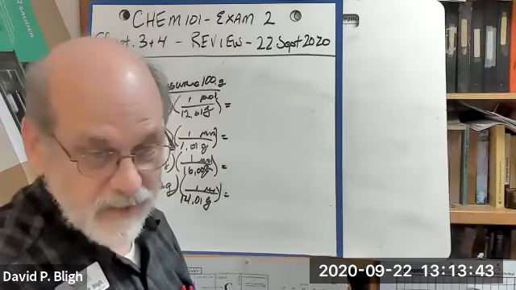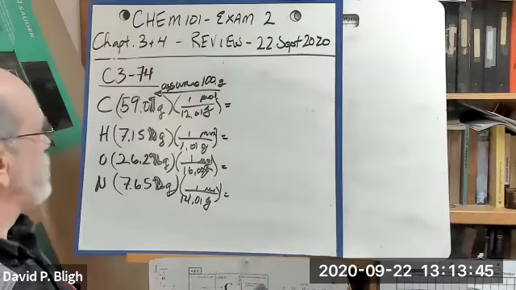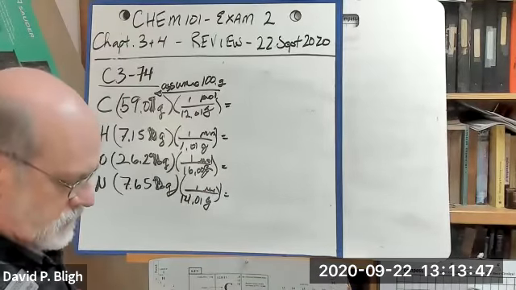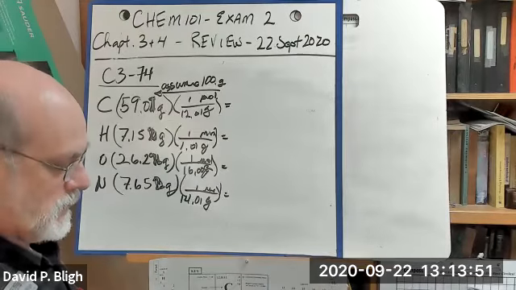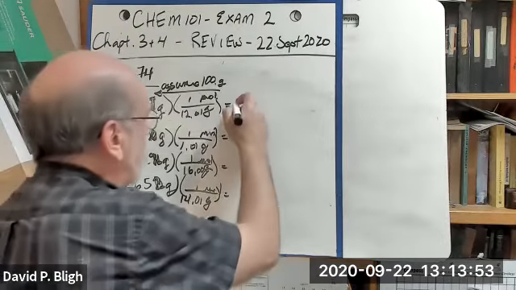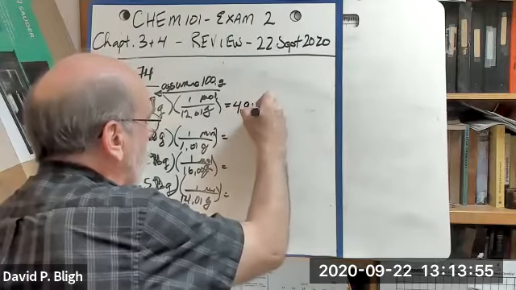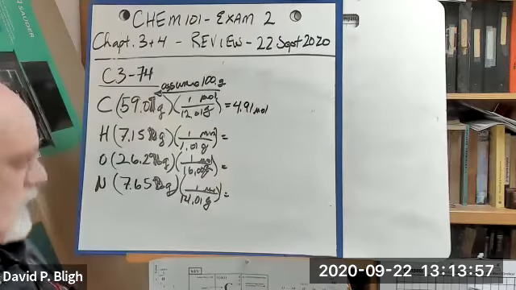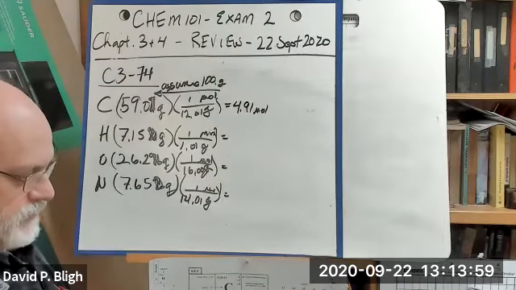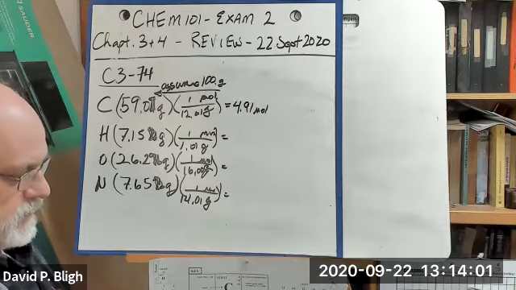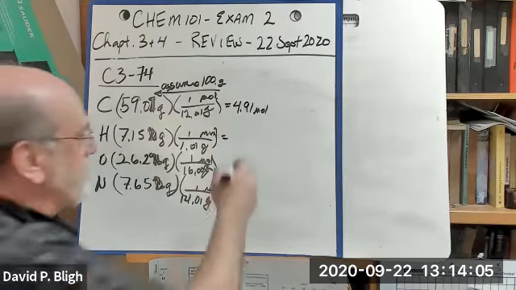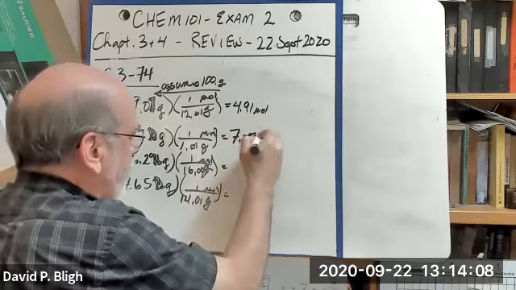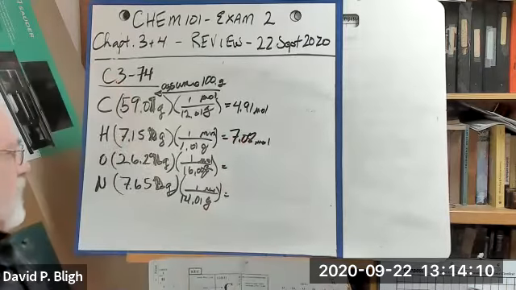Now let's do a little calculation. 59 divided by 12.01 is 4.91 moles. And 7.15 divided by 1.01 is 7.08 of hydrogen.